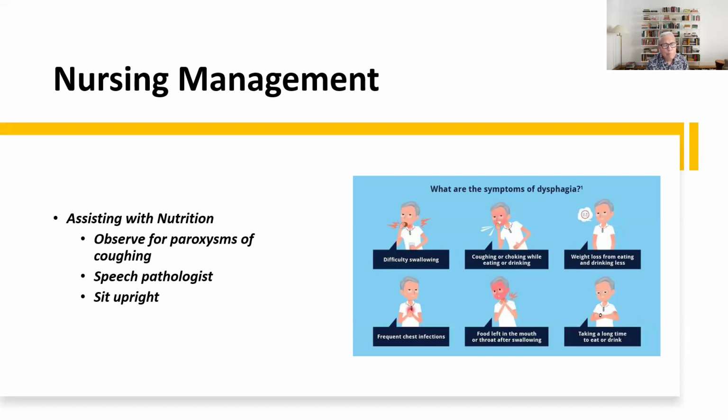Now, contrary to what people think, the most difficult thing to swallow is liquids, because it requires more muscles to control the safe entry of liquids. That is why in patients who have dysphagia, or difficulty in swallowing, we usually thicken the liquids. So we provide thicker liquids, or you puree the diet as might be necessary. And then, of course, we want to make sure that the patient sits upright, preferably on a chair, when eating and drinking. Those are important considerations.